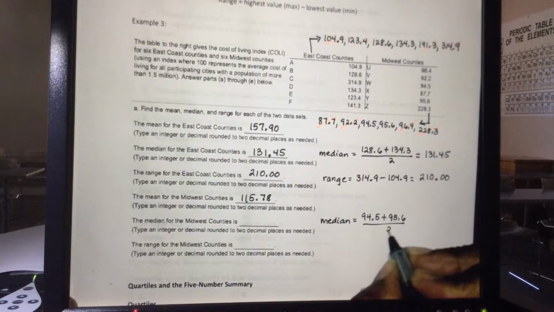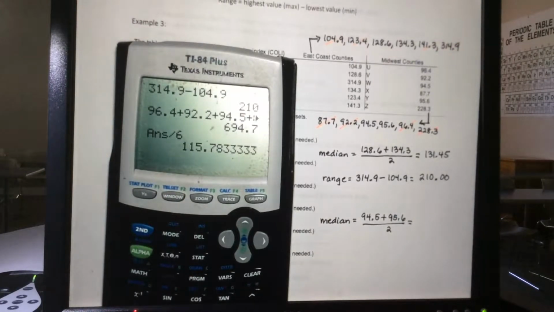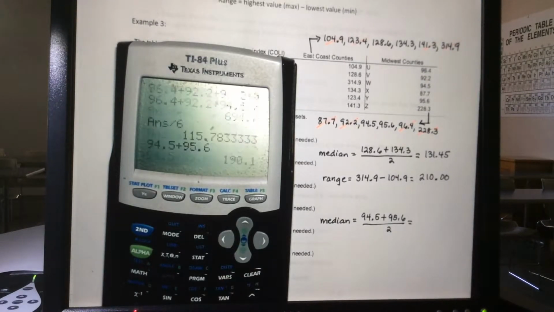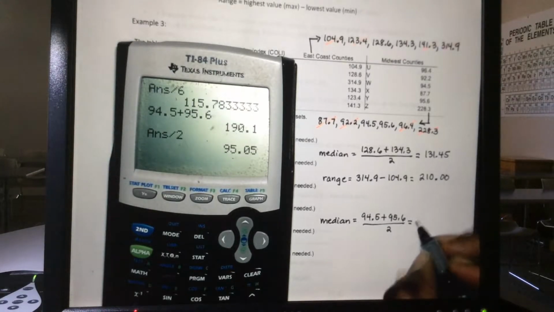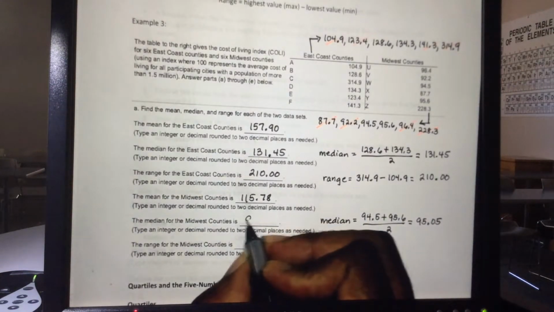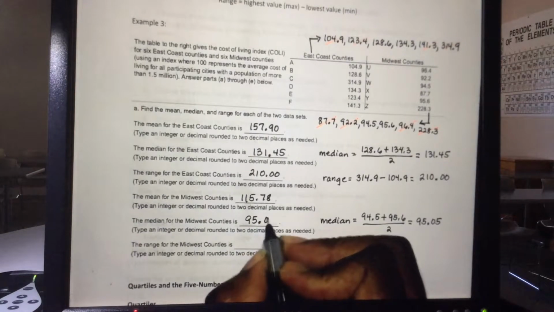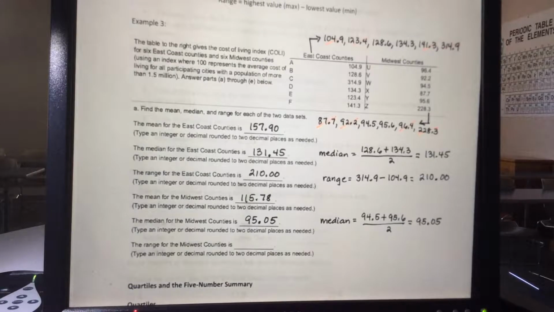That sum will be divided by 2. So here, 94.5 plus 95.6 will give me 190.1. Divide that by 2, you're going to get 95.05. That's going to be the median for your Midwest counties, 95.05.